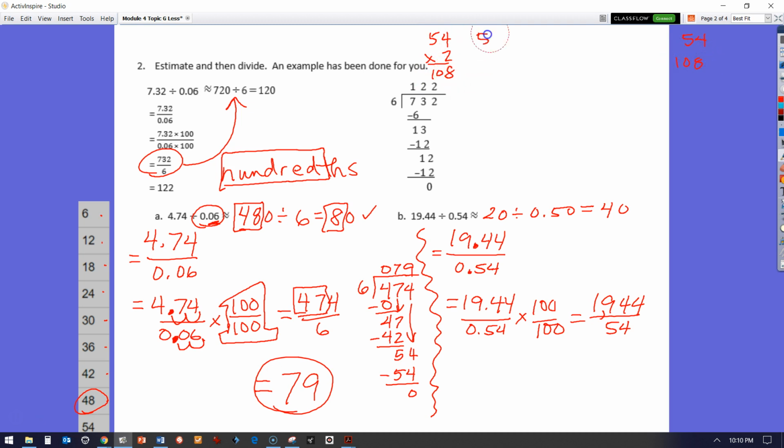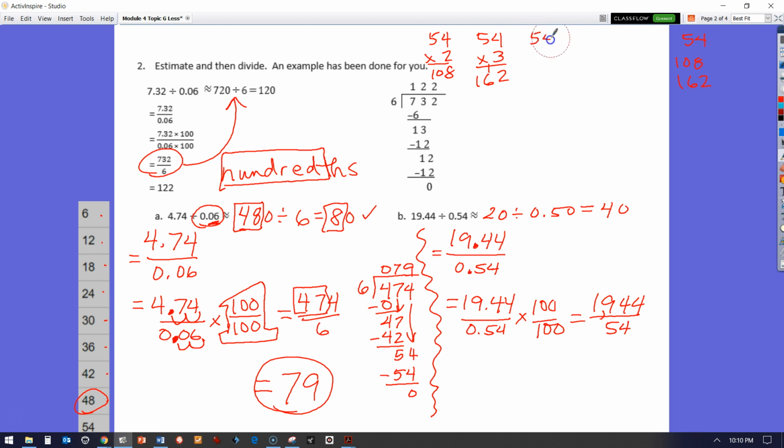3 times 54 would be 54 times 3. 3 times 4 is 12. Regroup my 1. 5 times 3 is 15 plus 1 is 16. So I know it's going to be 162.